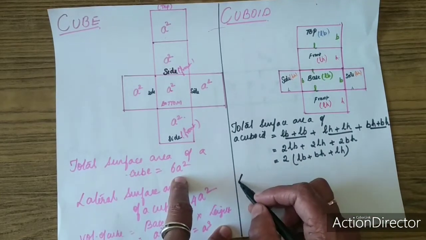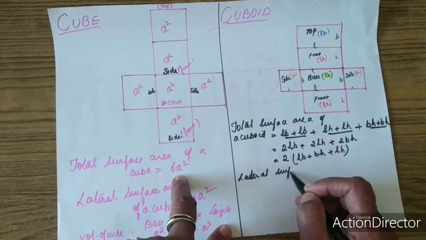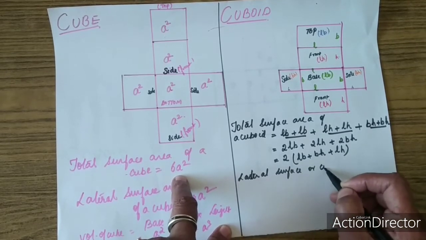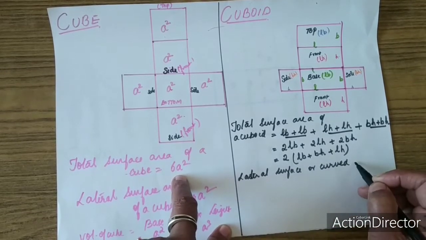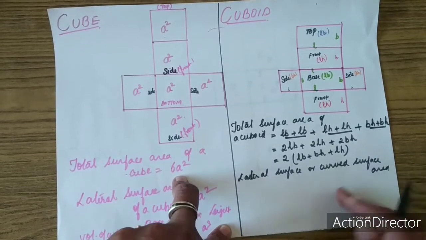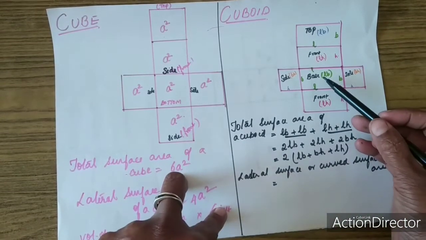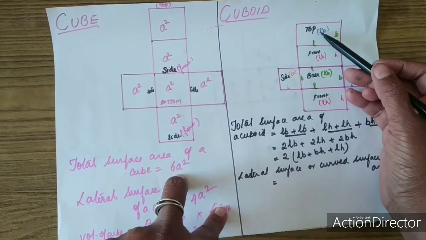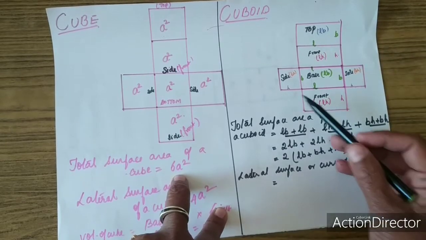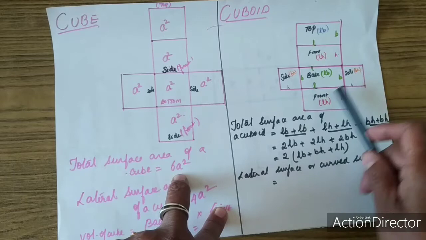Coming to the lateral surface area or curved surface area. As I already said in the cube, when we exclude the base and the top, that is the floor and the roof, all the 4 walls of the room, you call it the lateral surface area.